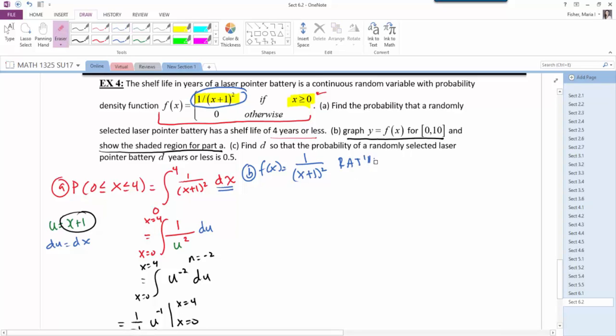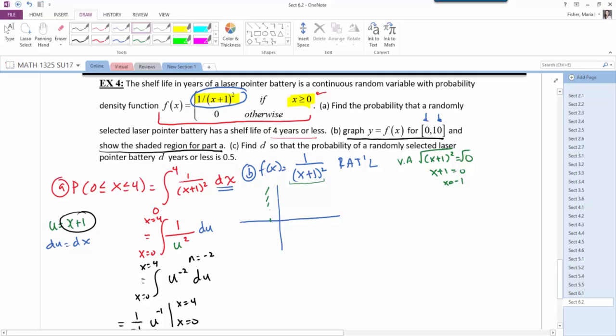And I also know that I'm only going to be graphing it between 0 and 10 because that's what I'm asked to do. So it's a rational function. I know that it's got a vertical asymptote at negative 1. And I know that because if I set that denominator equal to 0 and I solve it for x, I get x equal negative 1.